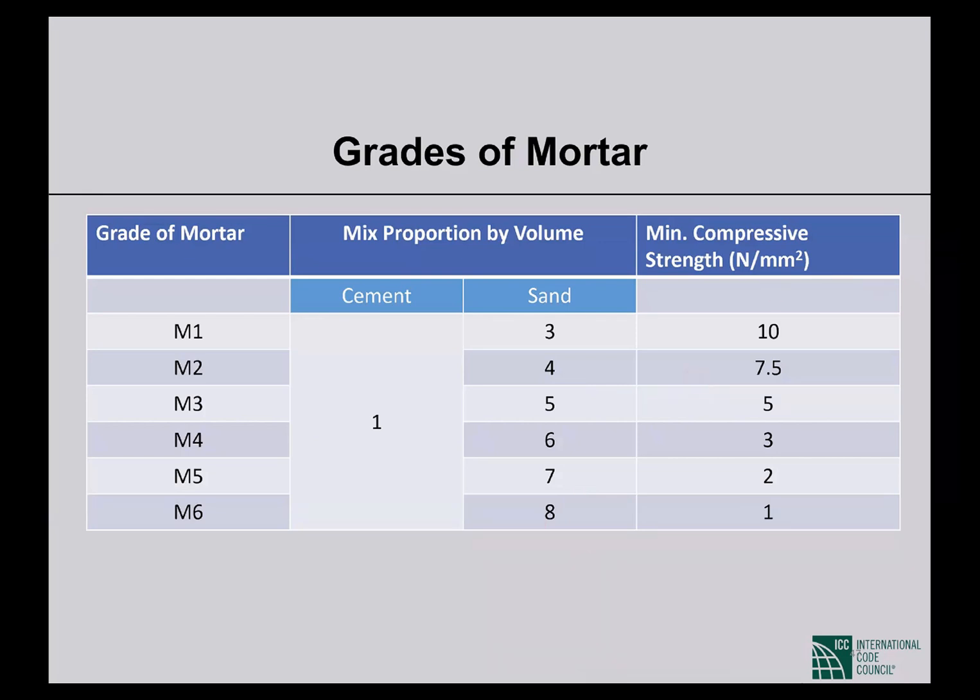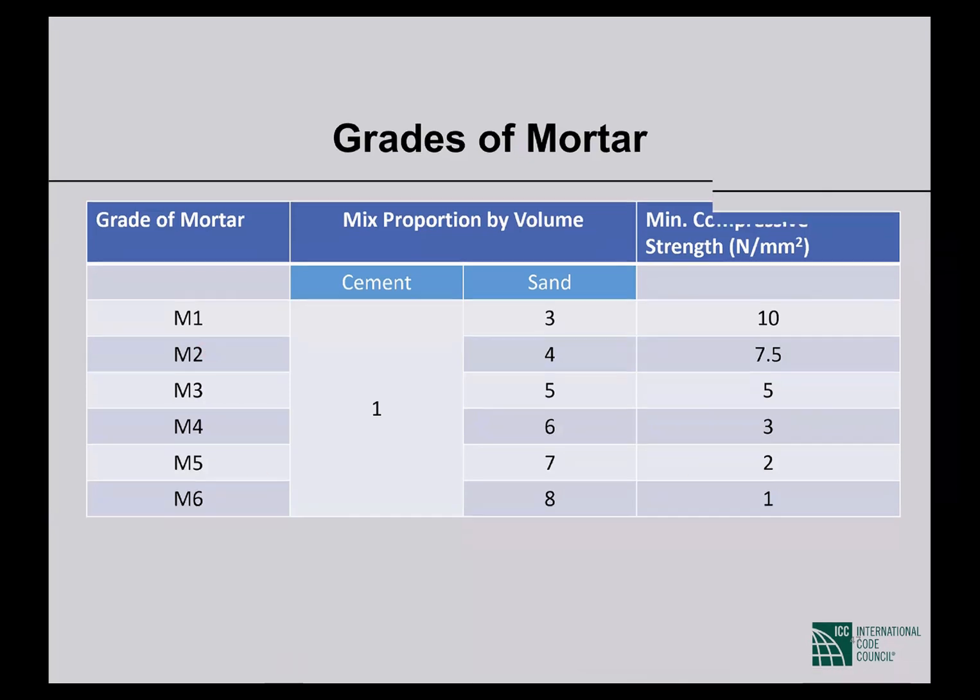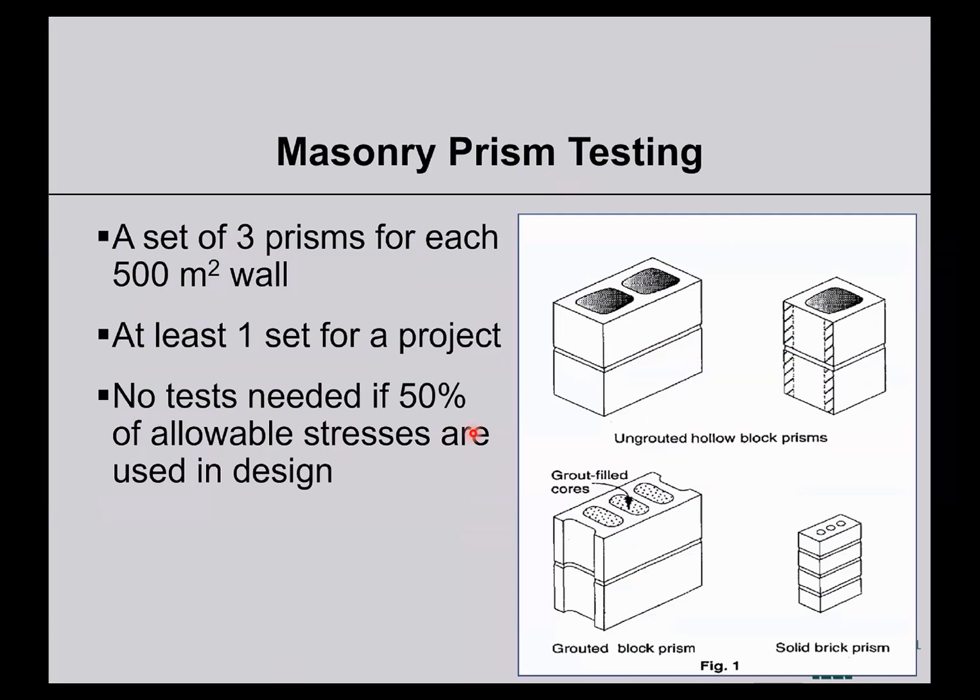Now, how can we measure the compressive strength of masonry? This is mortar, sorry, grades of mortar. We can make mortar cubes and do compressive testing and measure it. Based on that, we can define mortar grade. And this is important for masonry.